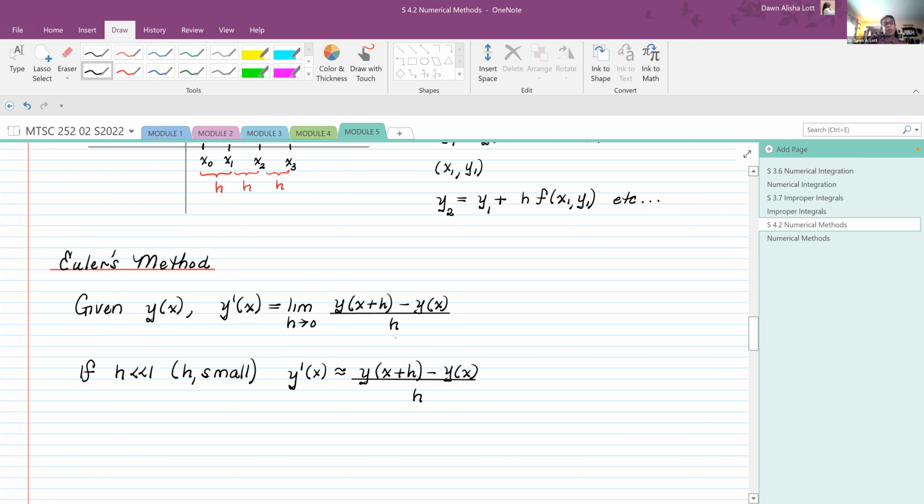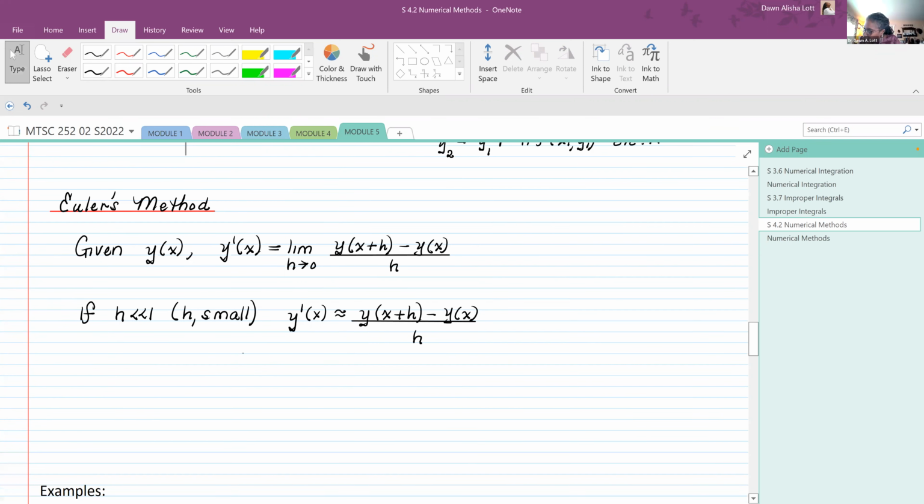So let's multiply both sides by h, and we get y prime of x times h is approximately y of x plus h minus y of x. So solving for y of x plus h, I get y of x plus h is approximately, moving the y of x to the other side, y of x plus h times y prime.